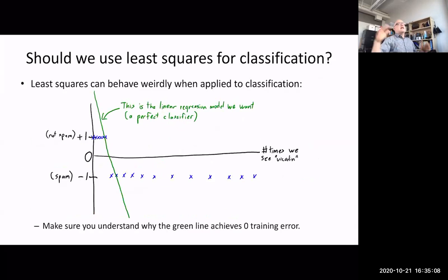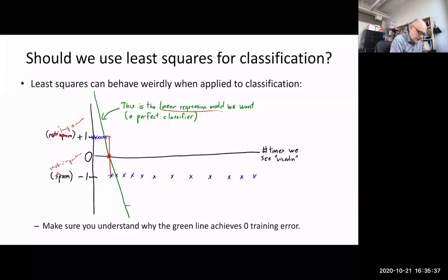If you just take least squares and apply it to try to solve a classification problem, what we would like is, say we have not spam and spam, or important and not important, whichever it was, doesn't really matter. The linear regression model that we would like to have is basically a perfect classifier when you apply the sign link function to its output.